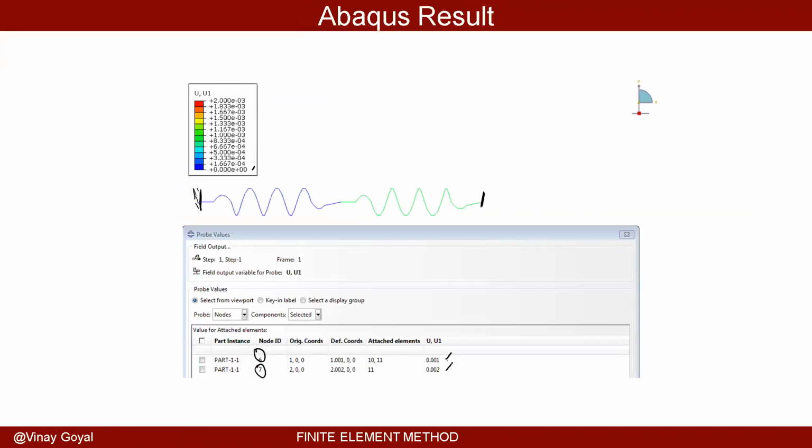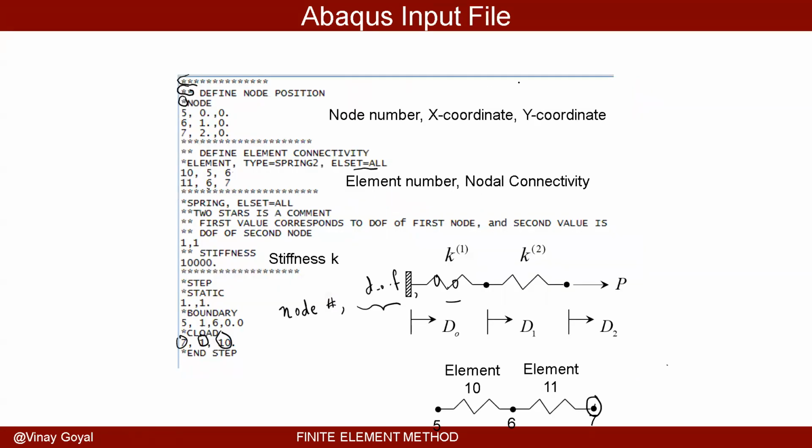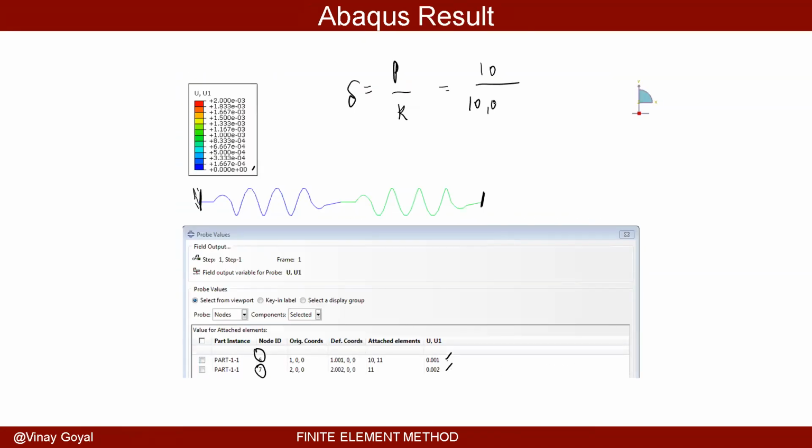Right, because the deflection is load divided by stiffness. The load is 10. The stiffness is 10,000. So what do I get?